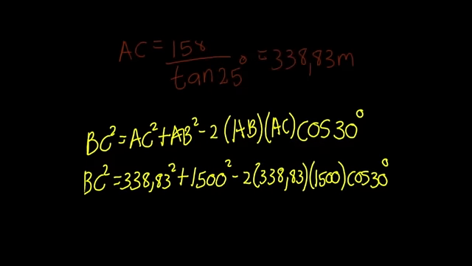So it means that BC is equal to 1,218.4, and that is now going to be in meters.